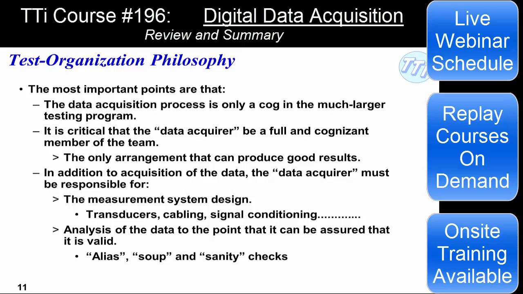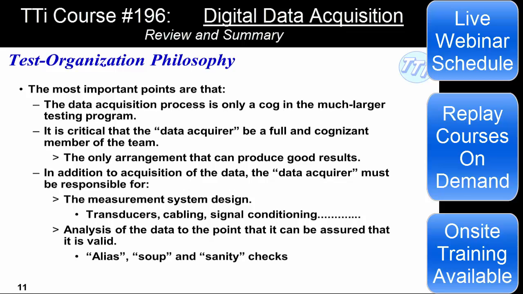Most important thing, though, is the data acquisition process is only a cog in a much larger testing program. It's critical that the data acquirer be a full and cognizant member of the team. That's the only arrangement that can produce good results. And of course, the thing that the acquirer is responsible for is to make sure that the data is a good representation of what's actually going on in the experiment.